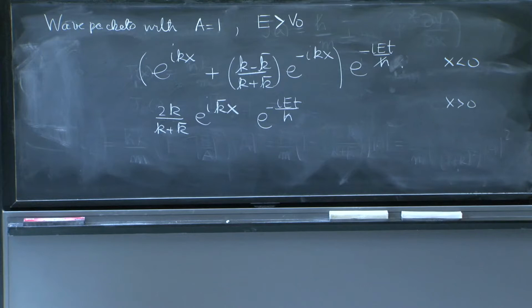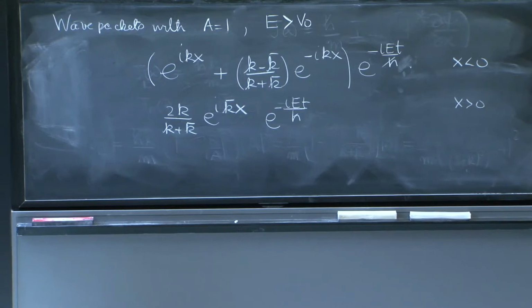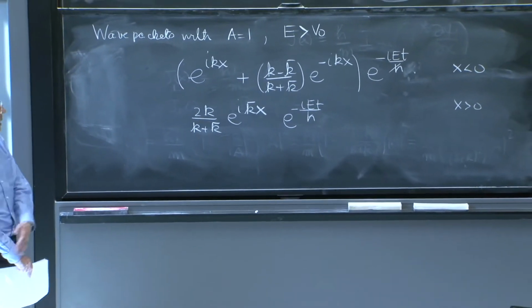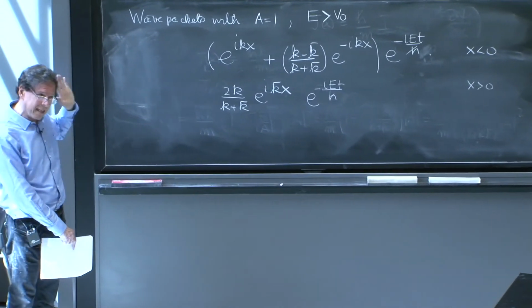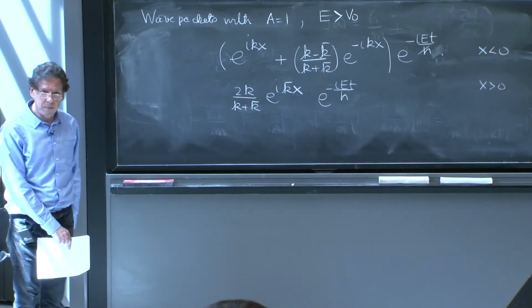So far, so good. This is a solution of the full Schrödinger equation, not just the time-independent one, all of it. It has two expressions because there's a little discontinuity in the middle, but as a whole, it's a solution.